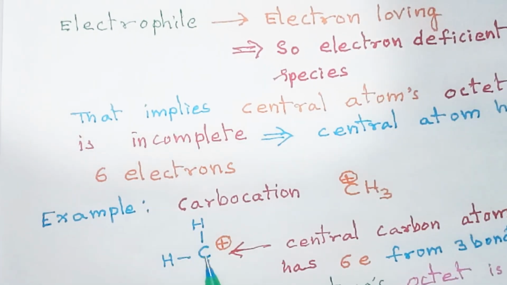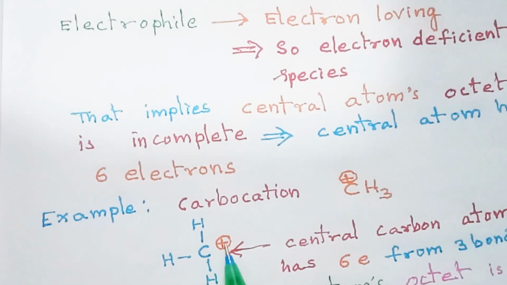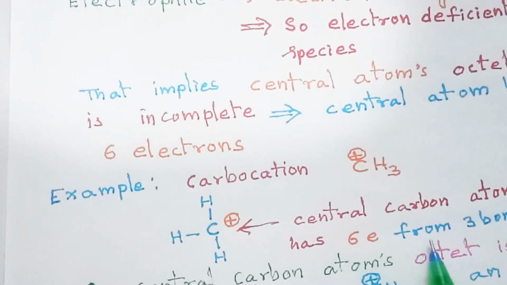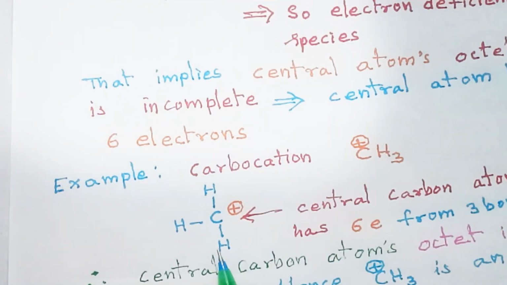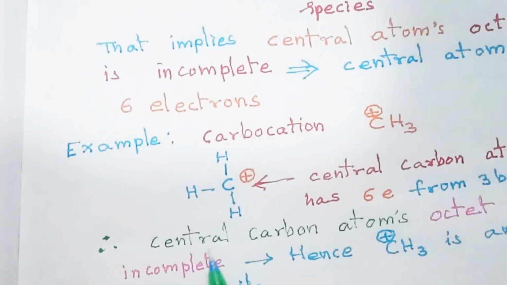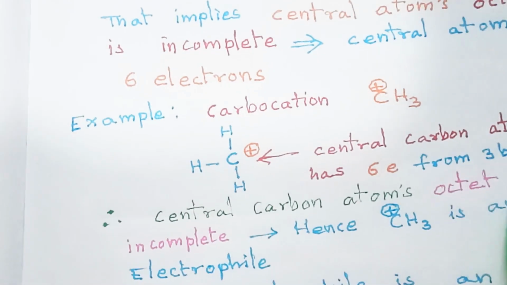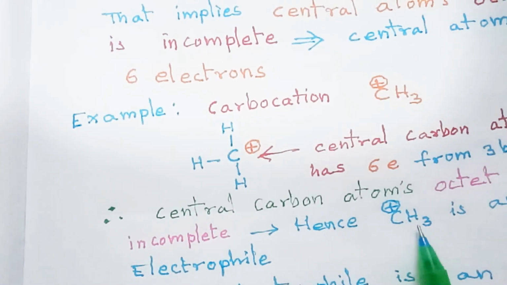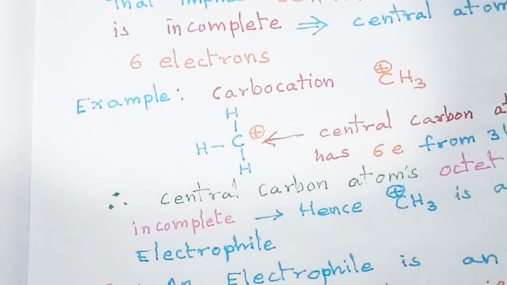It is forming 3 bonds with hydrogen atoms, so the central carbon atom has 6 electrons and it has a plus charge on it. So it is an electrophile. Here the central carbon atom's octet is incomplete. Hence CH3+ is an electrophile.